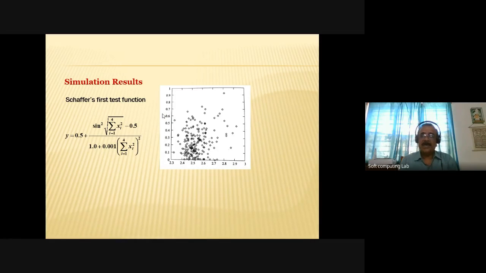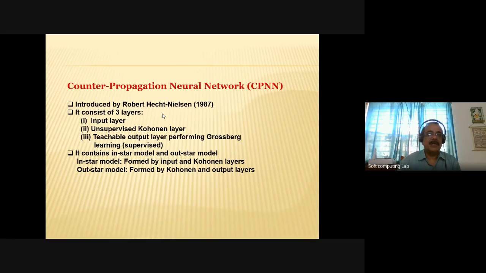Now, the self-organizing map has got different applications. Out of all such applications, one of the most important is to develop the counter propagation neural network, that is CPNN, and the CPNN can also be used as a tool for input-output modeling. I'm just going to show you how to use the counter propagation neural network as a tool for input-output modeling.